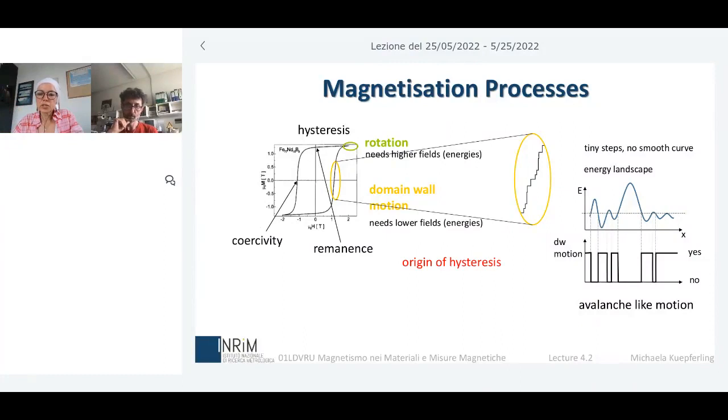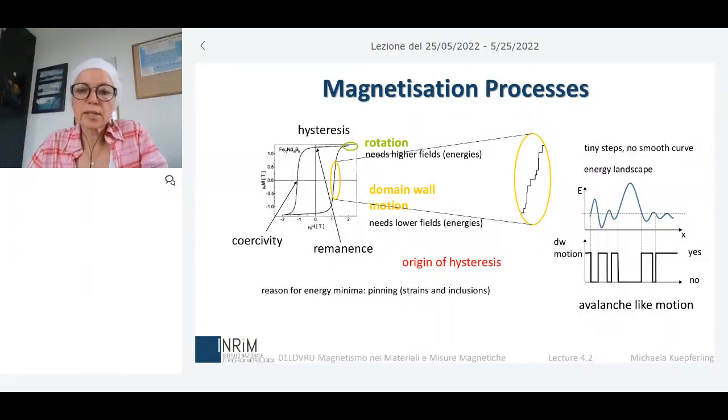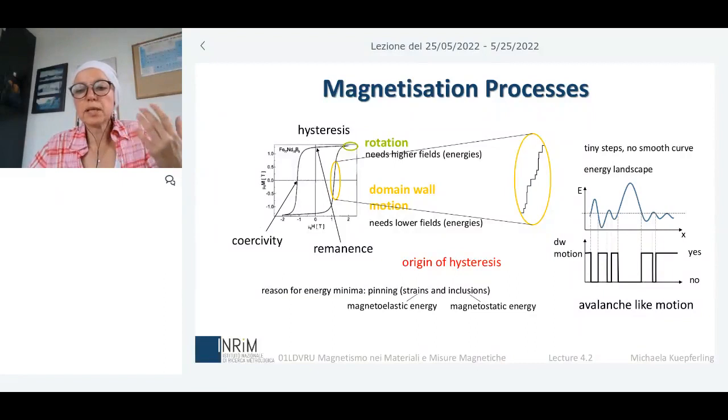And this avalanche-like domain wall motion, which is somehow the origin of hysteresis, is caused by a lot of pinning centers. Pinning centers can be, for example, strains, related to magnetoelastic energy, or inclusions related to magnetostatic energy.